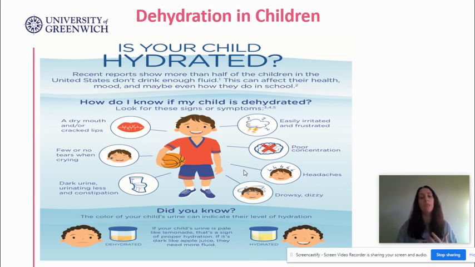So as we've said in previous chapters, you've got to be thinking about the size of the child and their blood and fluid volume in their bodies comparable to the age that they are. So dehydration is very, very easy in children, and it's not always obvious.